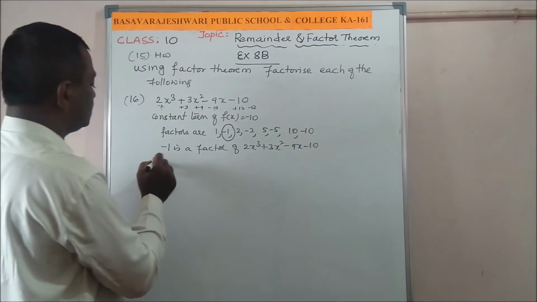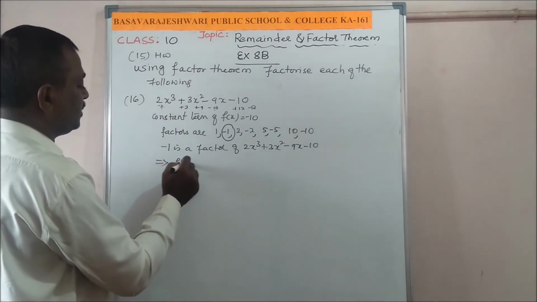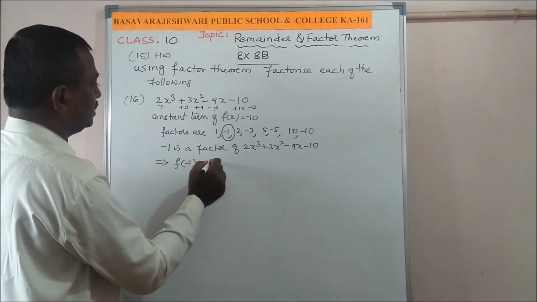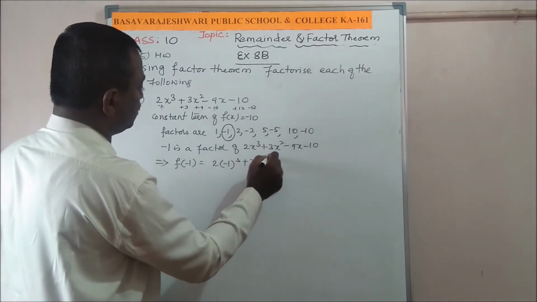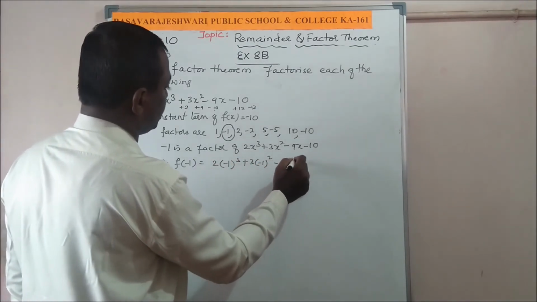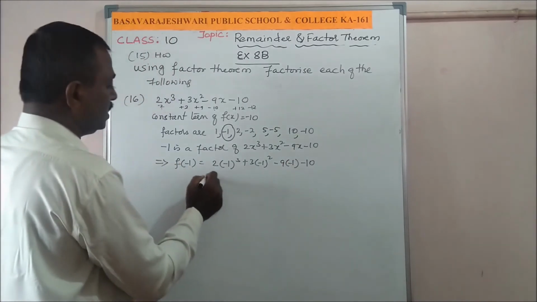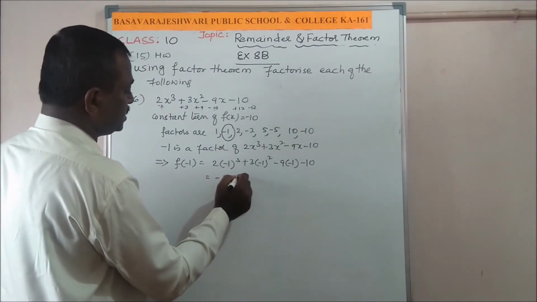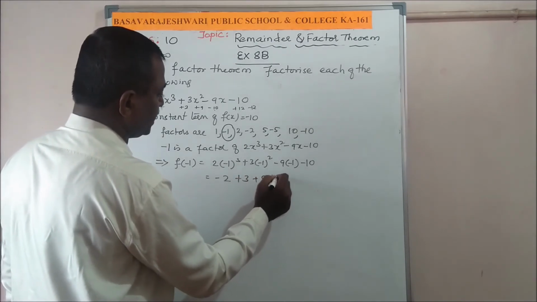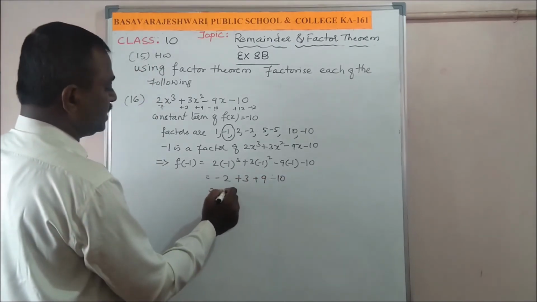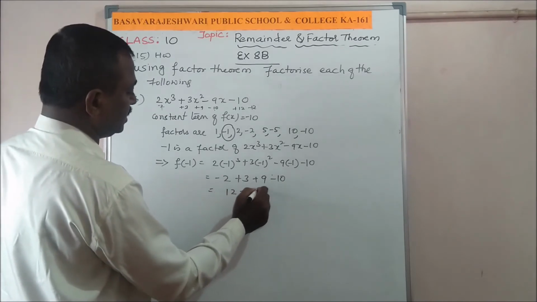This implies f of minus 1 is equal to 2 into minus 1 whole cube plus 3 into minus 1 whole square minus 9 into minus 1 minus 10. So this is minus 2, this is plus 3, plus 9, minus 10. So what happens? 12 minus 12 is equal to 0.